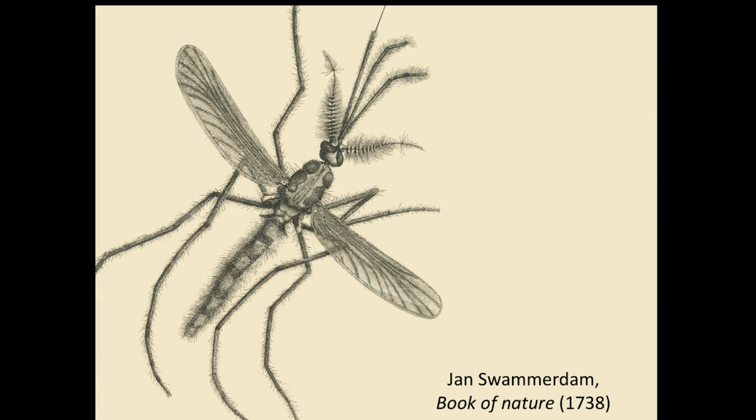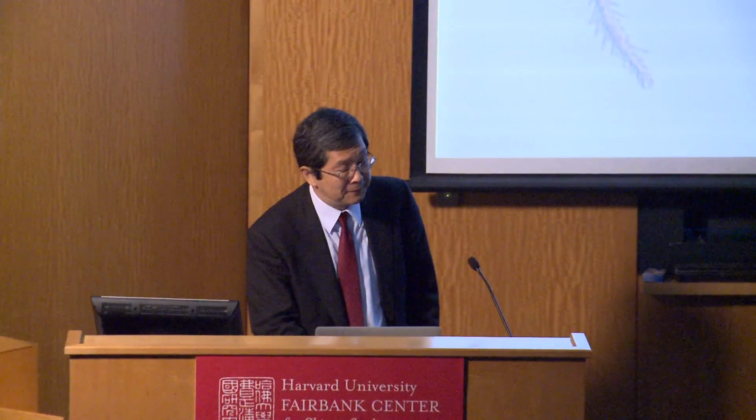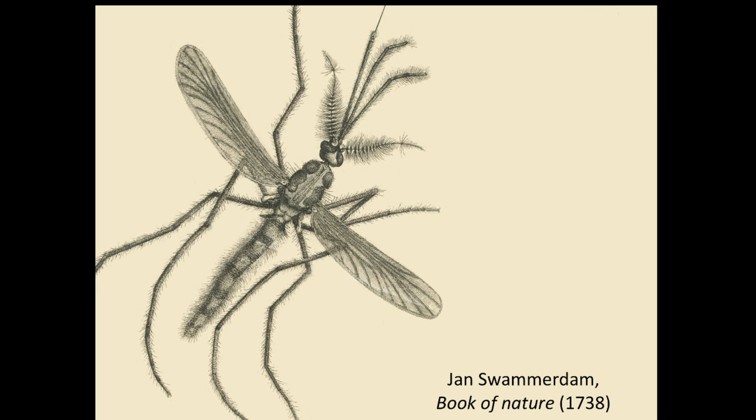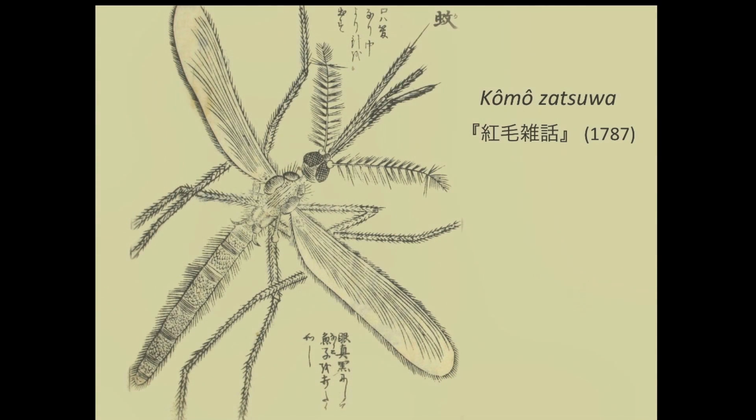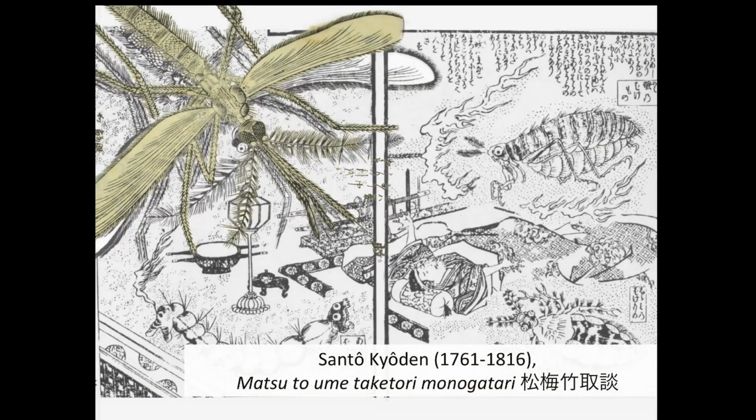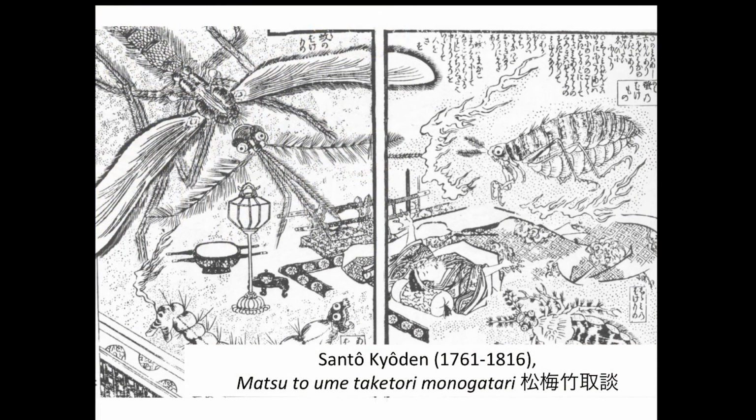So, Jan Swammerdam's Book of Nature was published posthumously, about 50 years after he actually died. That same illustration gets taken up in one of the early books introducing Western science and Western culture more generally, Komo Zatsuwa, published in 1787. And it's that illustration that then gets taken up in popular fiction.